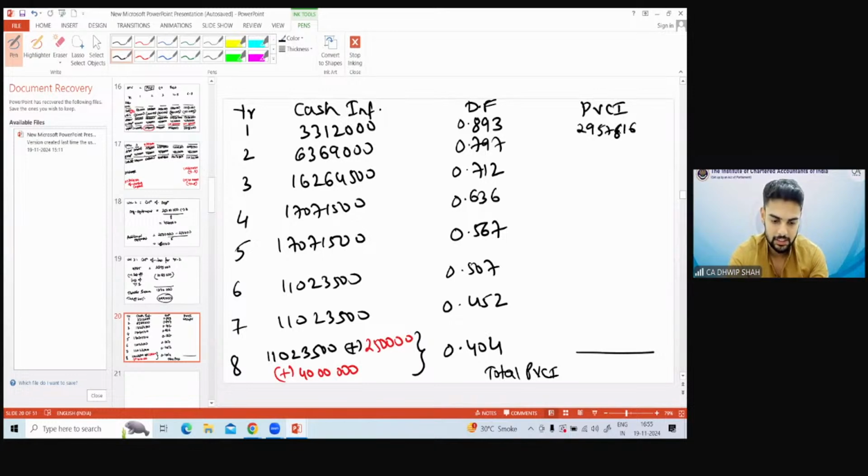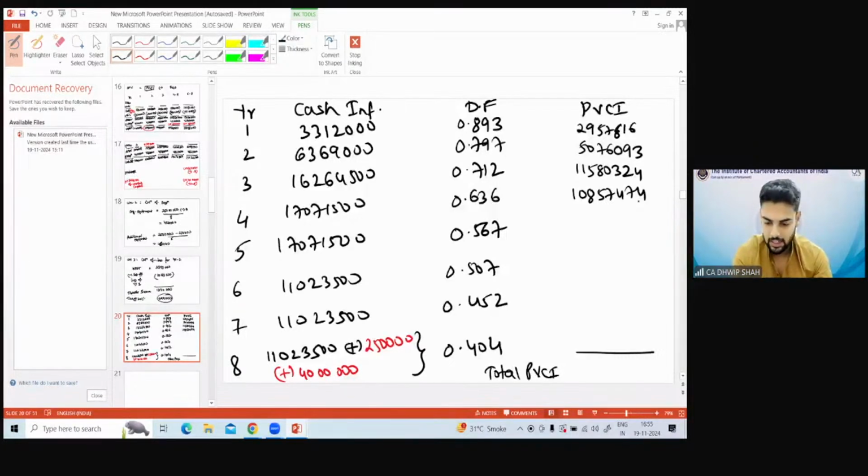For year 2, 63,69,000 into 0.797, 50,76,093. 162,64,500 multiply by 0.712, 115,80,324. 170,71,500 multiply by 0.636, 108,57,474.